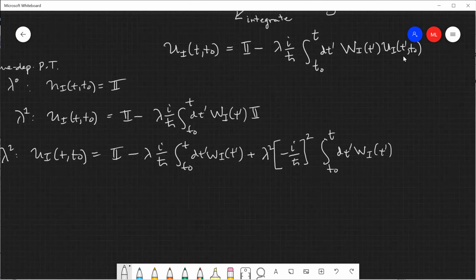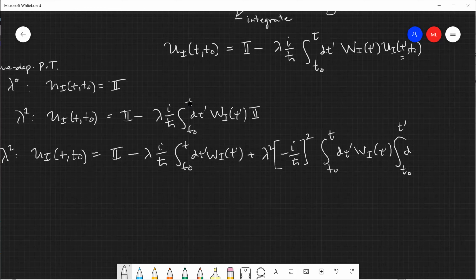And instead of U_I, we have to put in this guy, which is another integral. And remember, this is all the way up to t prime. So this integral goes from t_0 to t prime, which is the variable of integration here. Because remember, we have to substitute in for U interaction picture evaluated at t prime. So we have to go from t_0 to t prime.